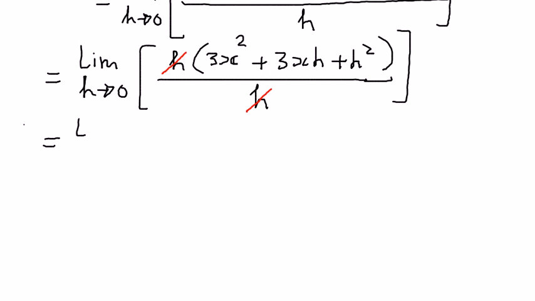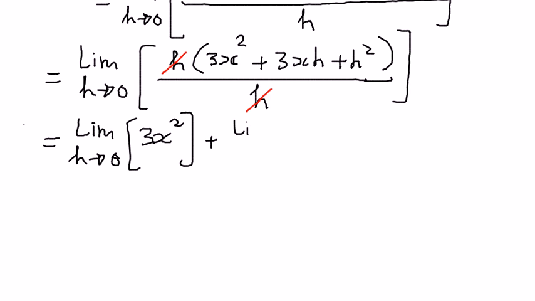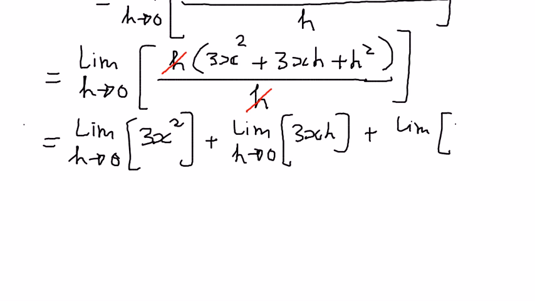The limit as h approaches 0 is 3x to the power of 2, plus the limit of 3xh as h approaches 0, and then plus the limit of h squared as h approaches 0.